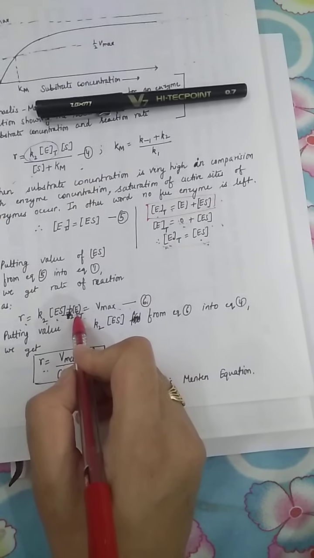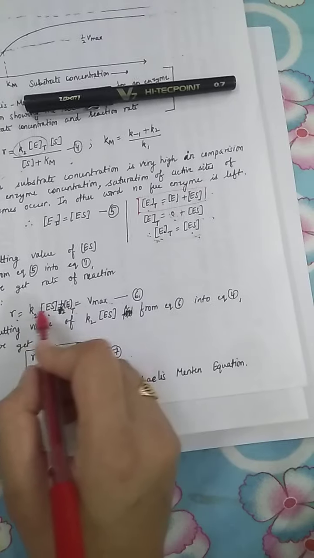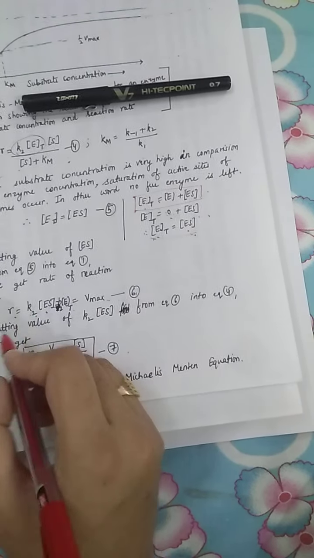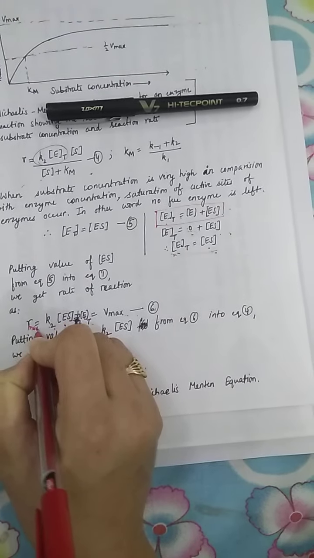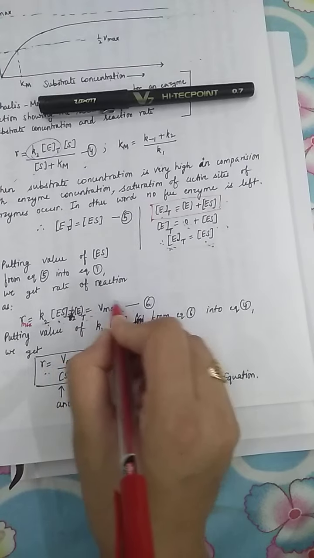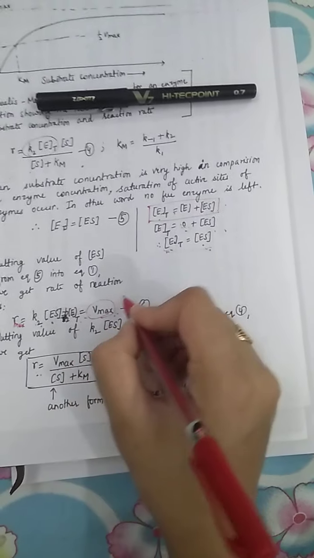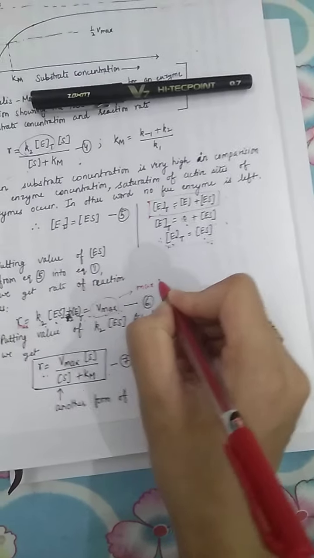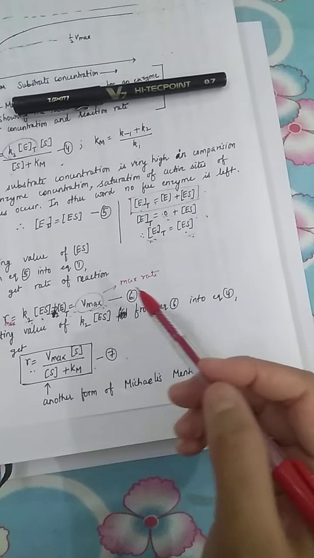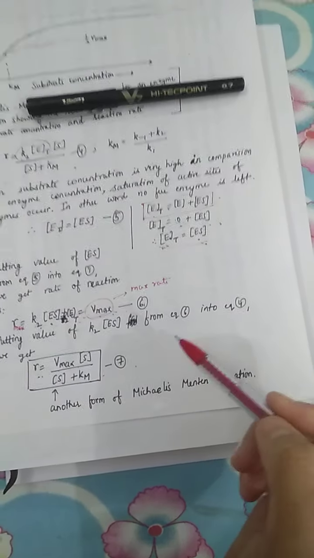This becomes equal to K2 and total enzyme concentration. And since we know that this is the point where saturation occurs, the rate of reaction will be maximum here, and we write a new constant here, that is Vmax. This is the maximum rate and it's a constant value for a particular reaction with a fixed amount of enzyme.